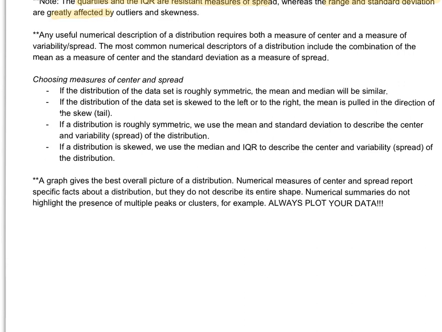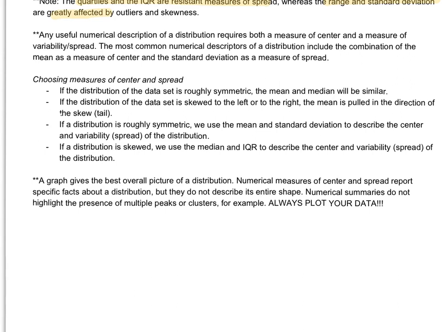Okay? If the distribution is skewed, then we use the median and the IQR because these two values are resistant. So they're not going to get pulled as far into the tail, or the median is not going to get pulled as far into the tail as the mean would. And so because we've chosen the median, we would then choose the IQR as the measure of variability or spread.